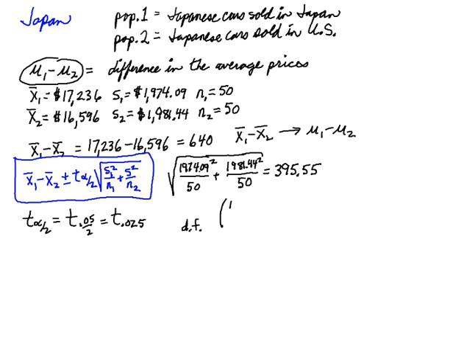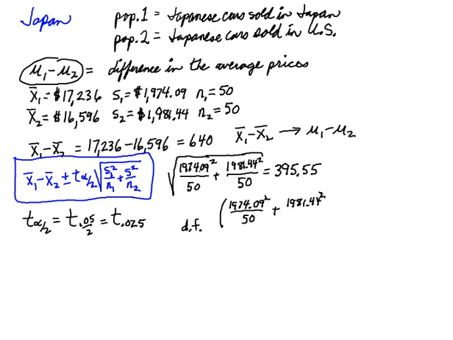So it'll be the 1974.09 squared divided by 50, and the 1900, this is my S2 value. I'm going to do the same thing.